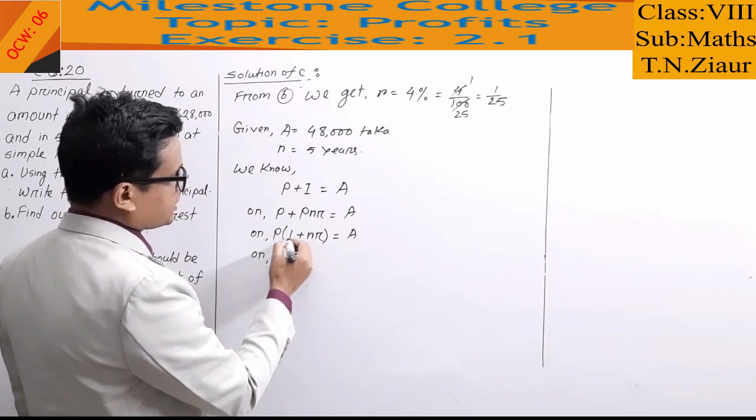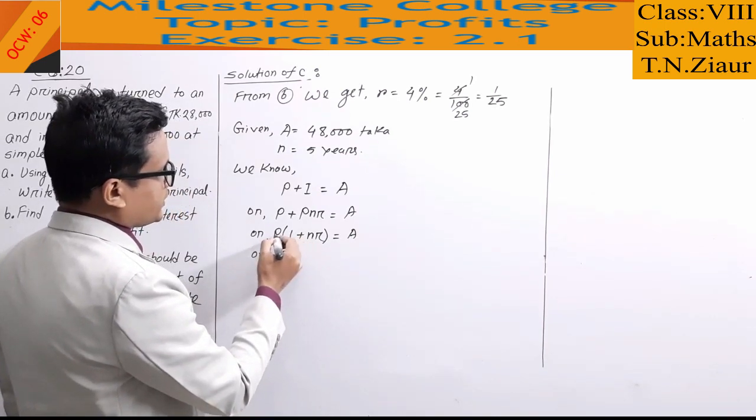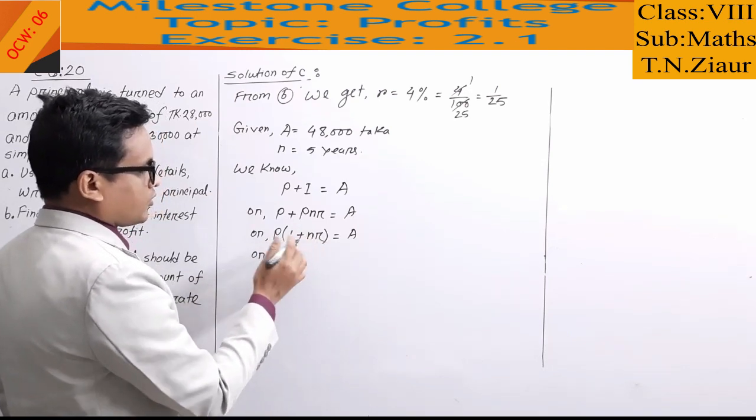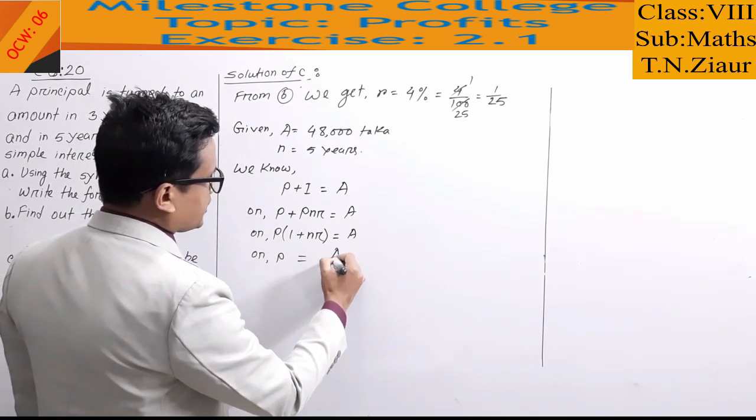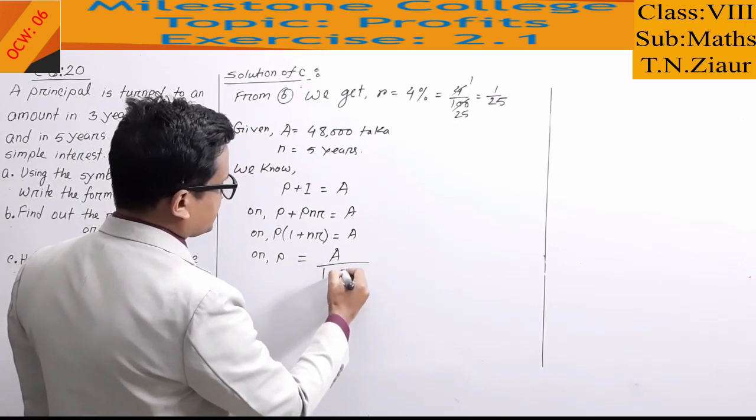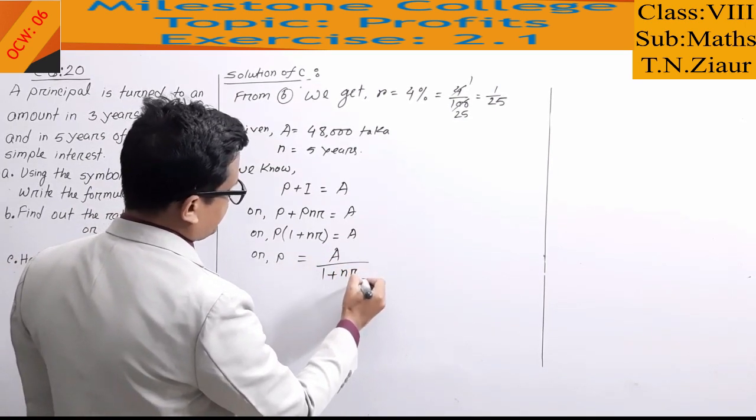Obviously this one is multiplied, so on the right side it will be divided. So P is equal to A divided by 1 plus NR.